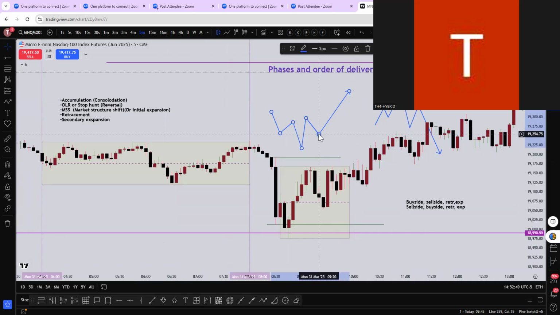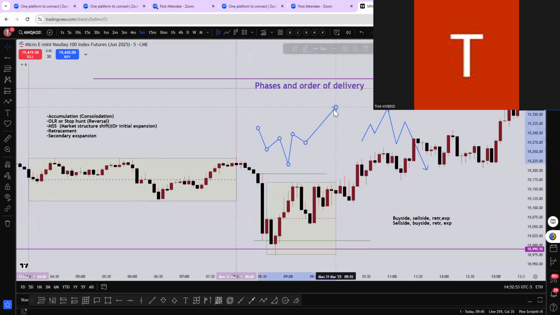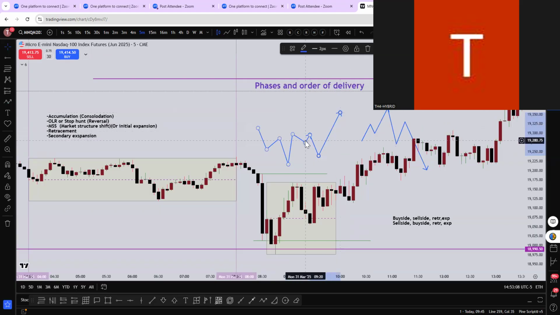So there's times where it will leave a high here. This doesn't make it down to fair valuation, fakes a move bullish, then comes down to fair valuation and goes up. The point here is we need to follow the steps.